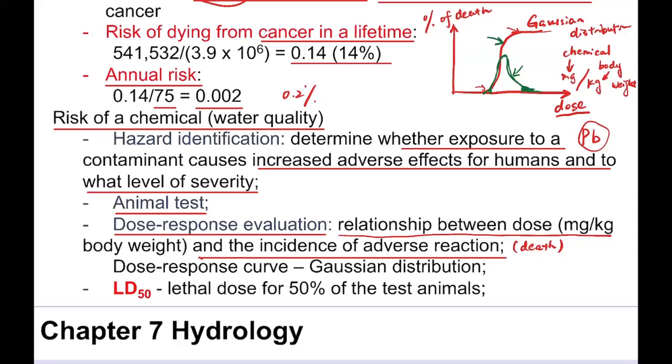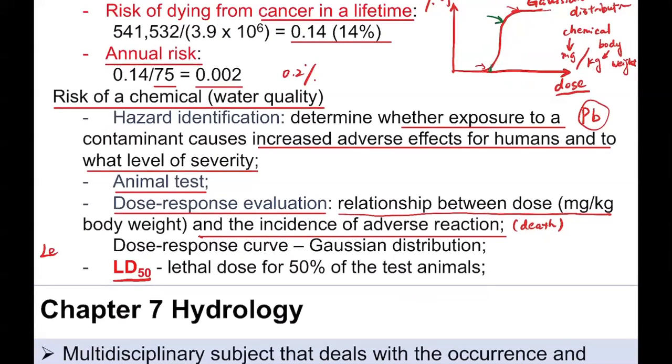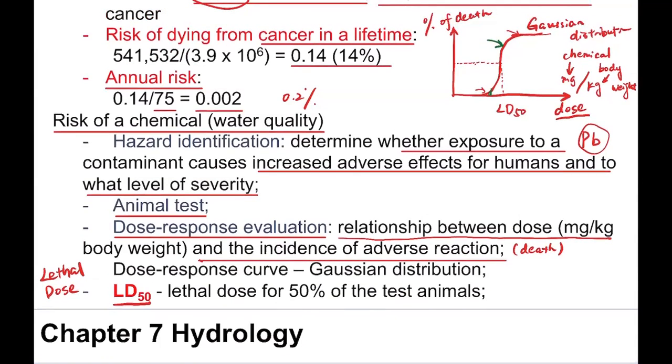For this curve, we have to identify a very important parameter. This parameter is called LD50. LD here means lethal dose, which causes the death of these animals. LD50 means the dose that corresponds to 50% of the deaths for all the test animals.